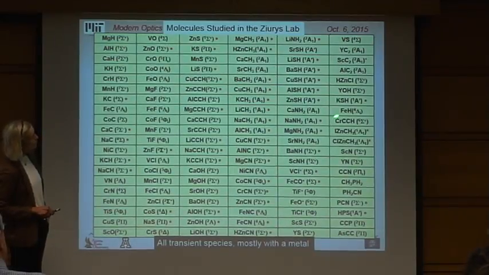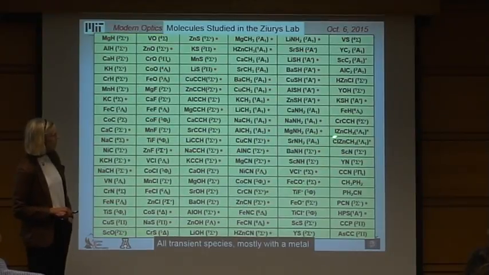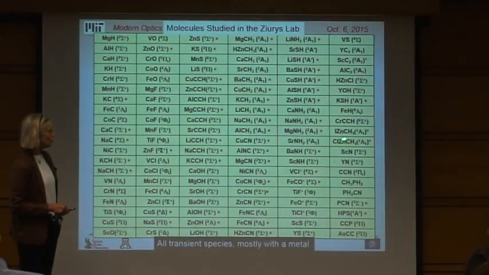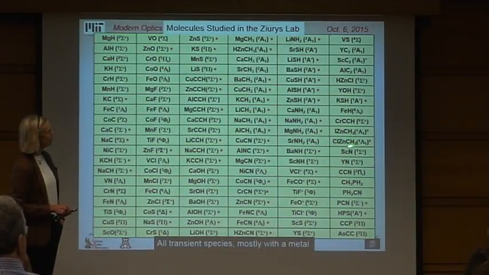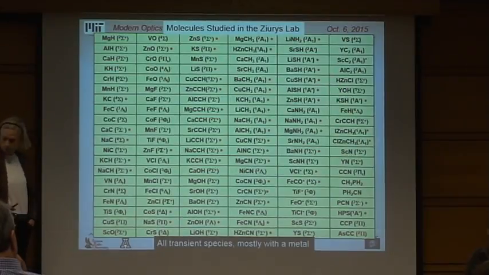And then we've also recently looked at some zinc insertion products, zinc CH3, chlorine zinc CH3, where we've actually found the zinc inserting into the halide carbon bond. They're closed shell molecules. They're not always that interesting spectroscopically, but chemically. And I'm going to talk a little bit about some of the dicarbide.